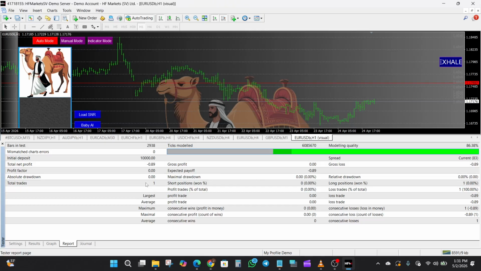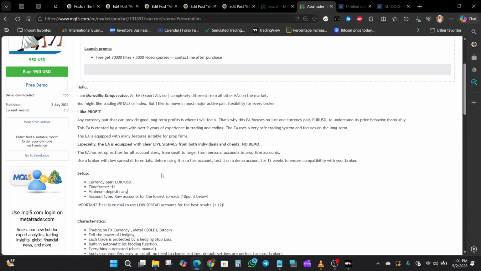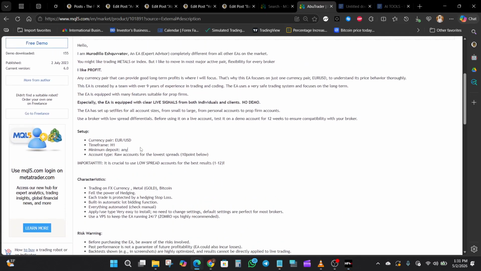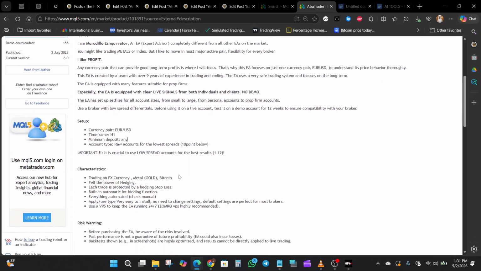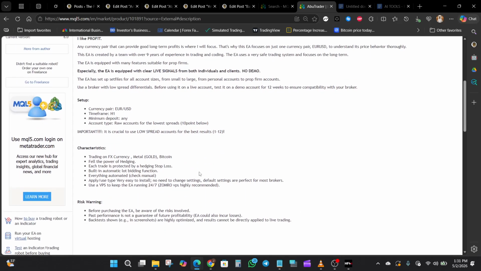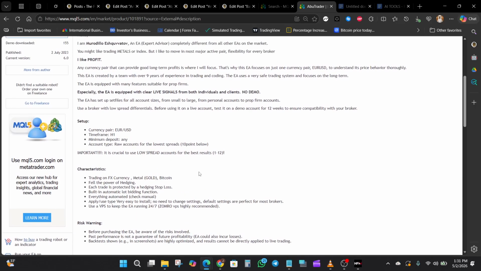And to get a more comprehensive result, it would be advisable to test the EA over a longer period of time, right? We have already gone through the overview of the EA here on the MQL5 marketplace, and we have also backtested over the past 4 months from the beginning of 2026.